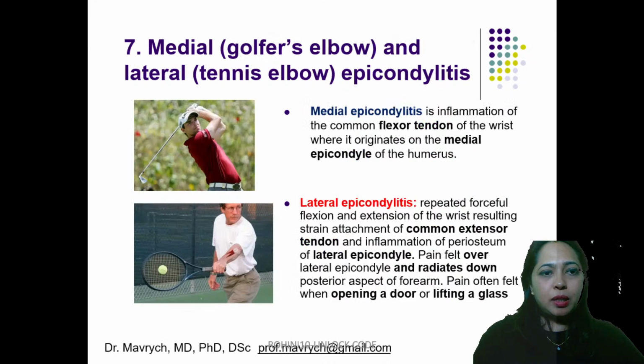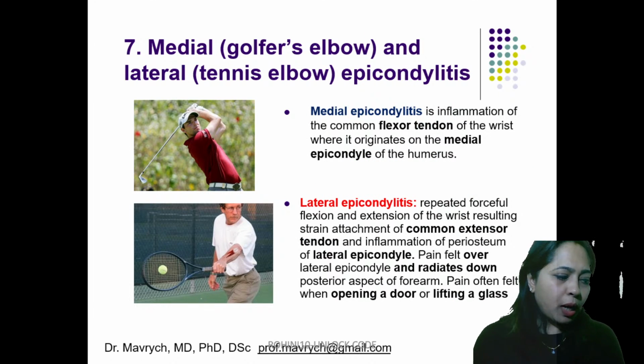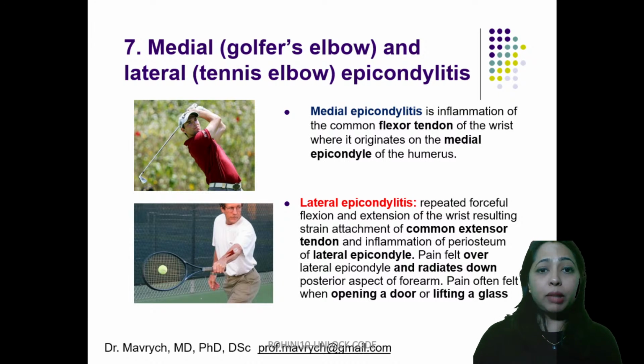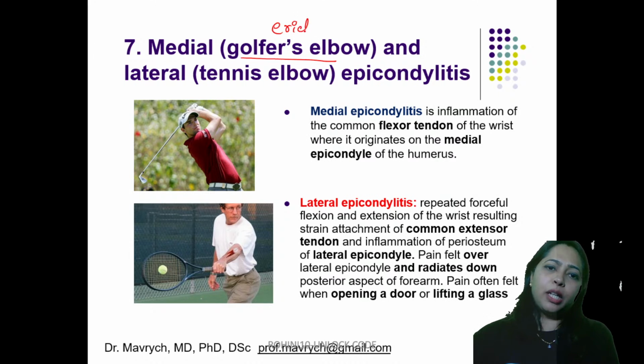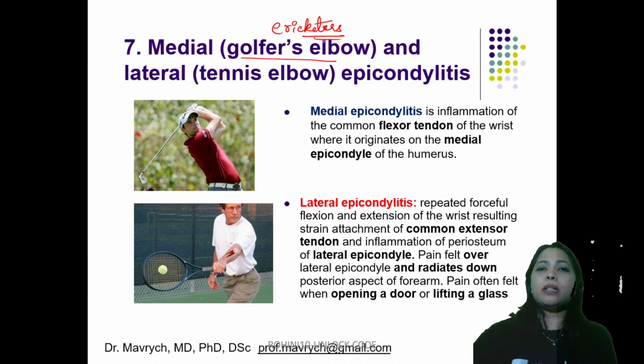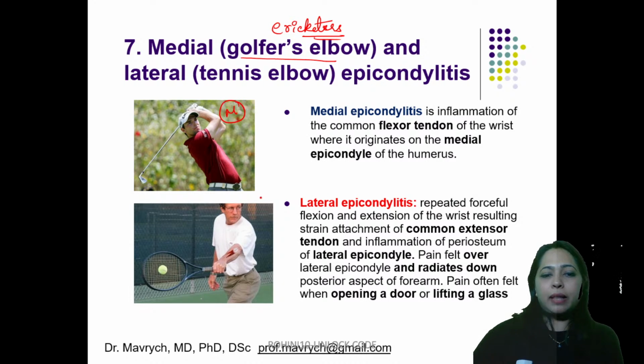Next, see the golfer's elbow, and we have tennis elbow. Okay, so golfer's elbow, please remember, it is the medial side, and even the cricketers use the same style, right? Cricketers and the golfers have the medial side. This is medial, and this is lateral epicondylitis. Medial epicondylitis, lateral epicondylitis. These are all extensors.